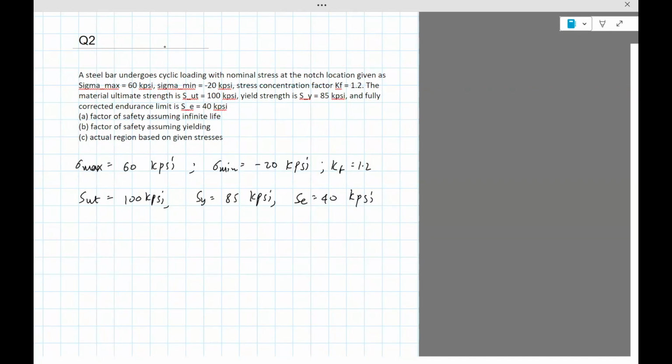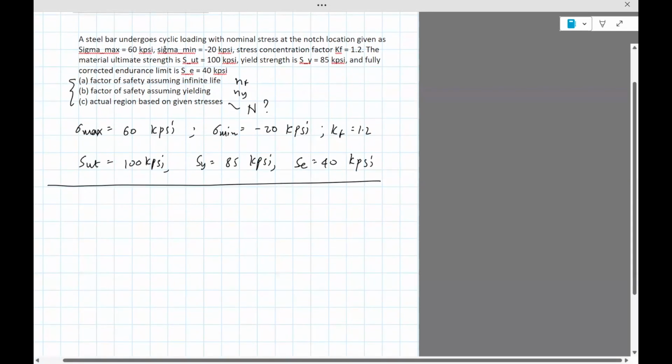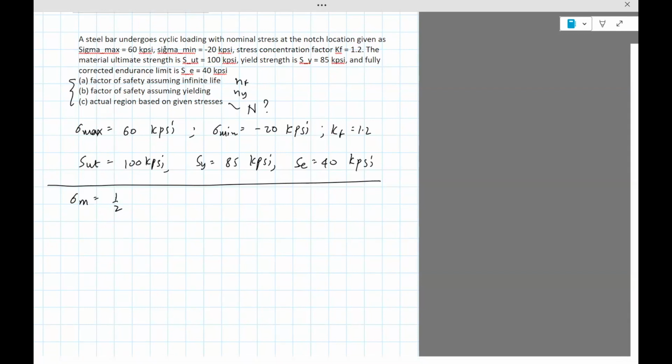So you're asked to find the same things: compute NF, compute NY, and the region. The way we'll do this is essentially the same, so I'll go through it rather quickly. Sigma m nominal is half of sigma max plus sigma min. So 60 minus 20 divided by 2, 40 divided by 2 is 20 kpsi.